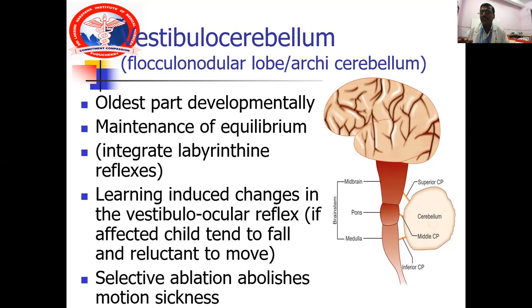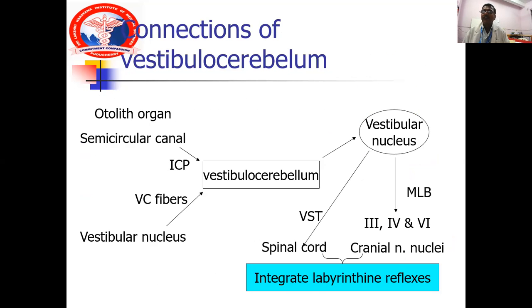Learning induced changes in the vestibulo-ocular reflex. If this part is affected in children, the child tends to fall or is reluctant to move, not able to move with proper movements, and selective ablation leads to motion sickness.